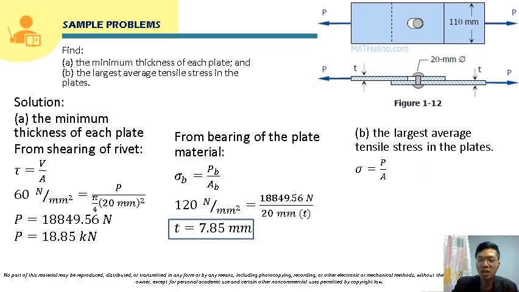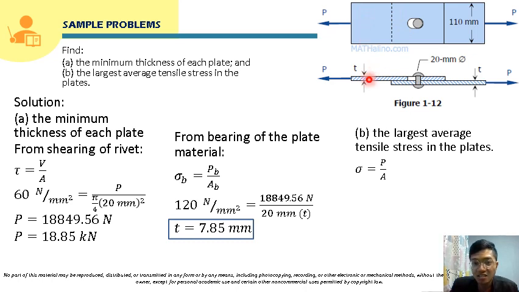So the least area, or the critical area, will be the area at this section, right? Let's say for this section, we solve for the normal stress at this section of the plate. We know that the width of the plate is 110 times the thickness.